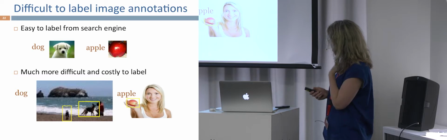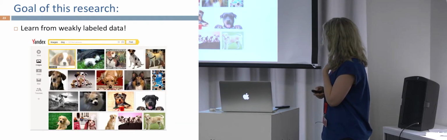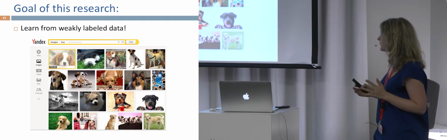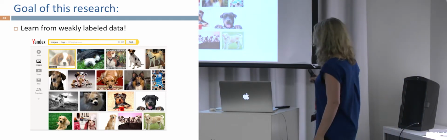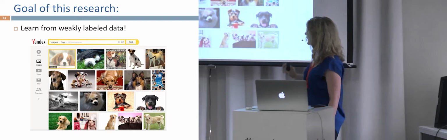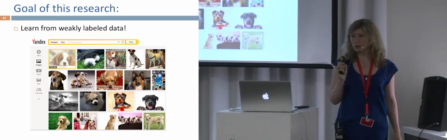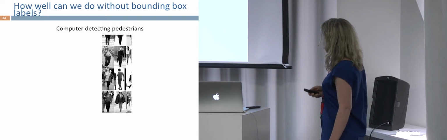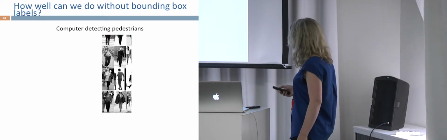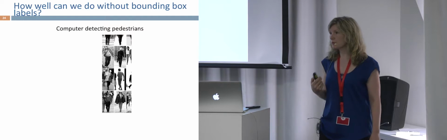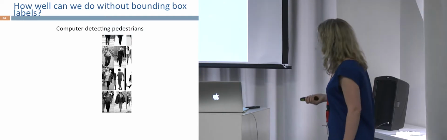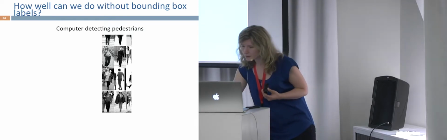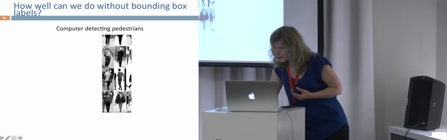Okay. So the goal of the research that I'm going to talk about is to learn from this kind of data without needing the additional annotation. How well can we do that? I'll just show you a little preview of some of the results from our method. This is not working quite well, but you get the idea.